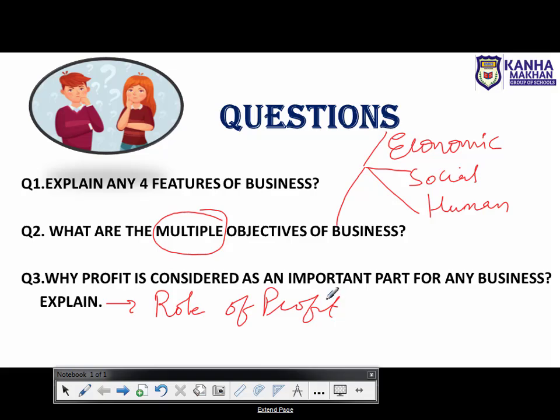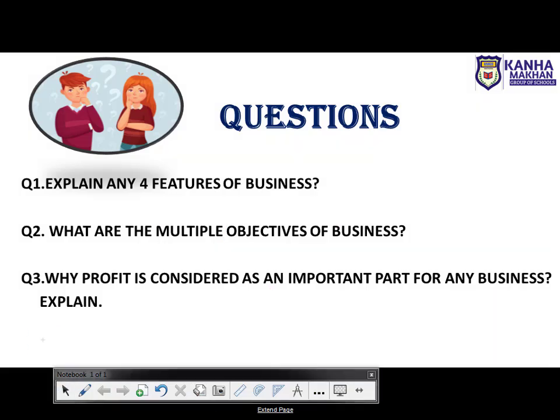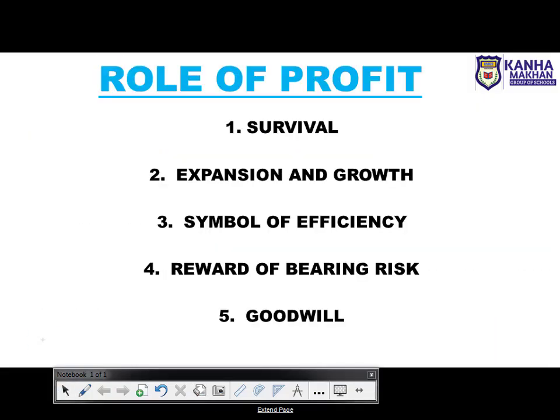Because no marking is there, I am assuming it is of 5 marks, for example. So if it is for 5 marks, you have to mention all the points and explain it all, right? Do you remember what I am talking about? I am talking about this role of profit. You have to mention these points in your answer.